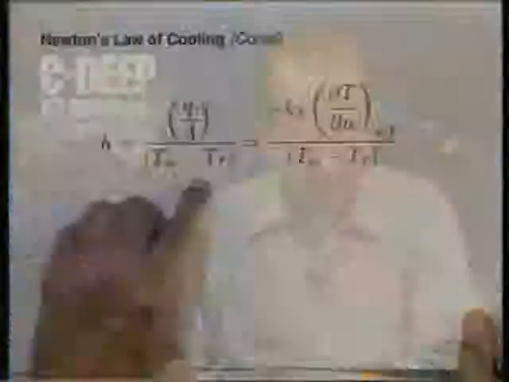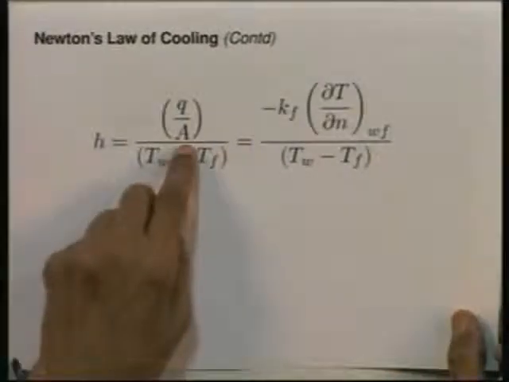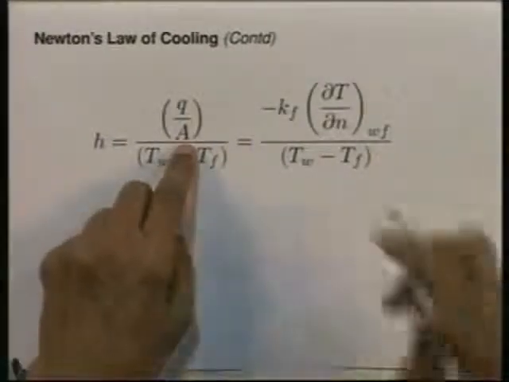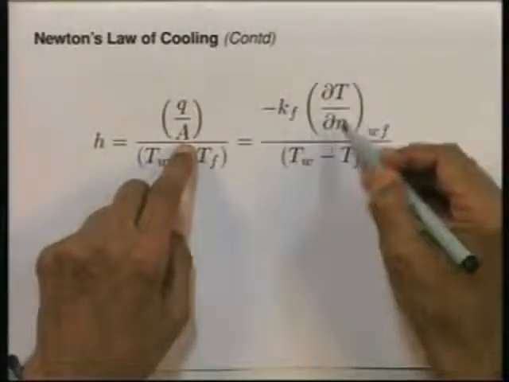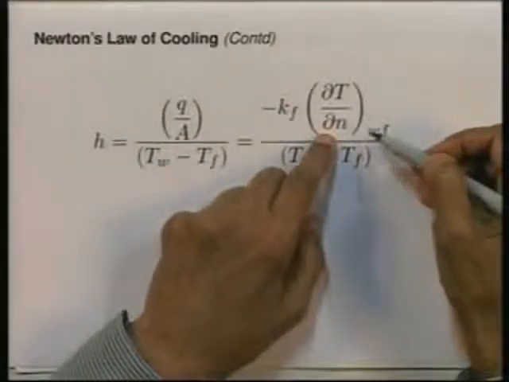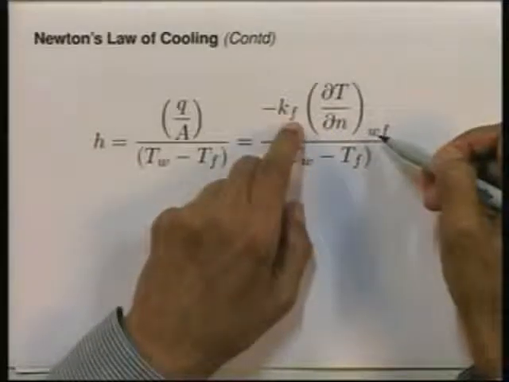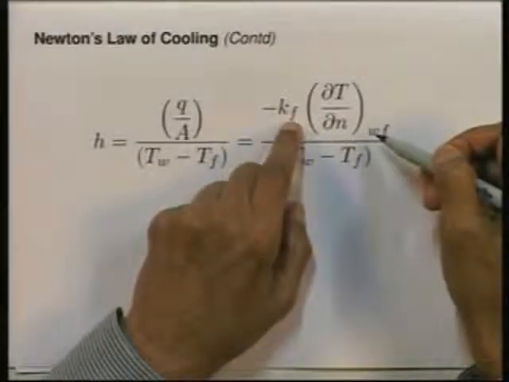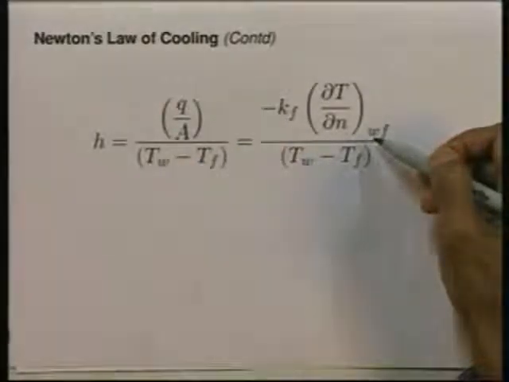We can say h is equal to (q/A) upon (Tw minus Tf), that is our definition, Newton's law of cooling, but q/A at the wall is nothing but, from Fourier's law of heat conduction, minus Kf (dT/dn)w,f, where (dT/dn)w,f is the gradient of the temperature profile in the fluid at the wall, and Kf is the thermal conductivity of the fluid.